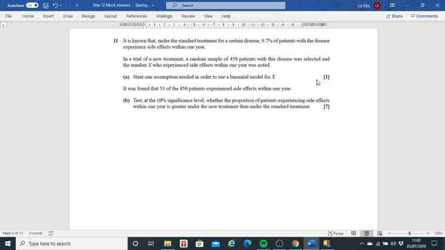Now, we're not going to say there's a fixed number of trials because they've already told us there's a fixed number. They told you there was only 450 patients. So that's irrelevant. We're assuming what? Well, in this particular case, we're assuming that the probability of side effects, because that's what we're talking about, is the same for each patient.